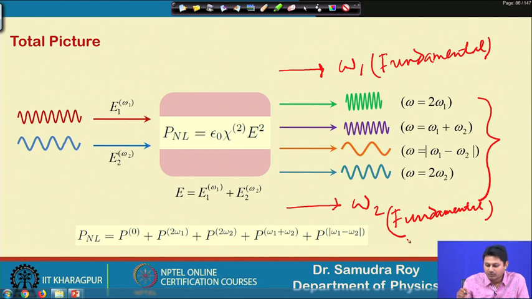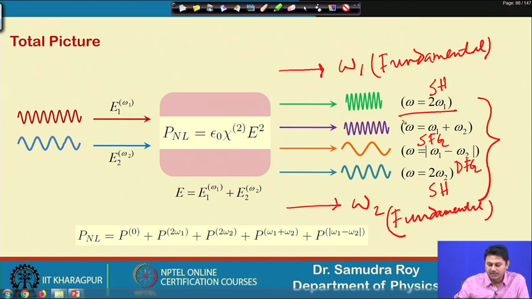But apart from that, we have the second harmonic of the fundamental, and this is also a second harmonic of the fundamental, where the fundamental is represented by omega 2. This is the sum frequency generation and this is the difference frequency generation.